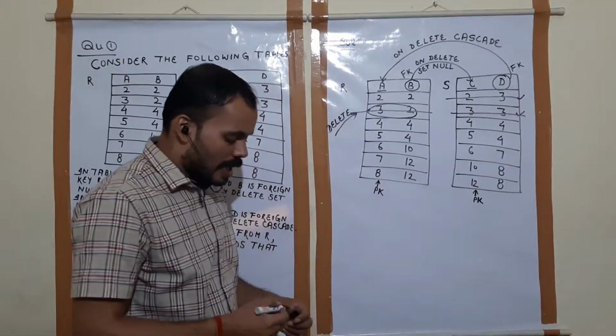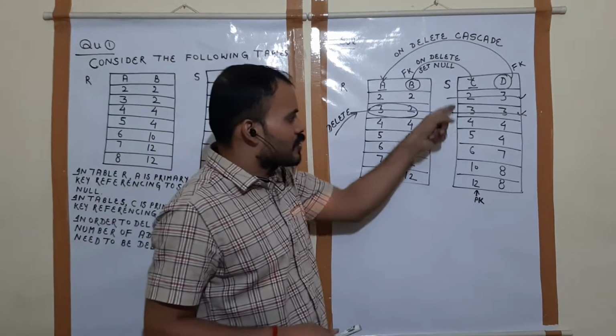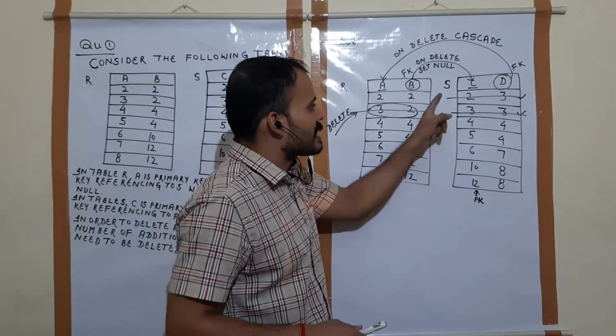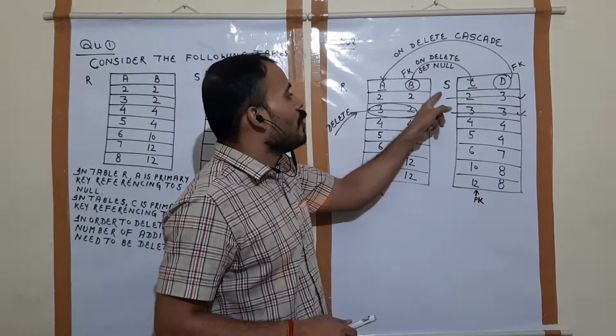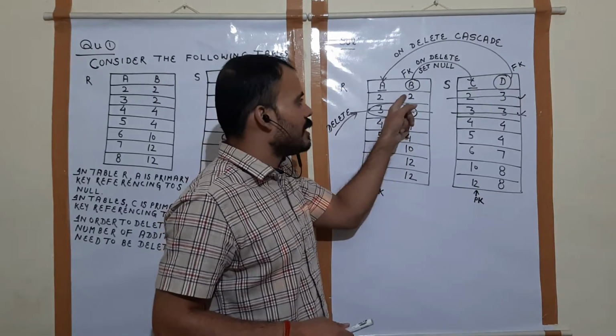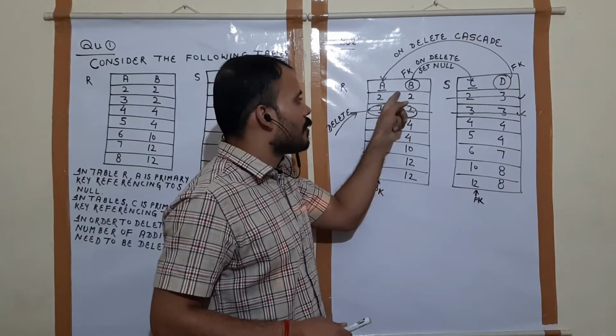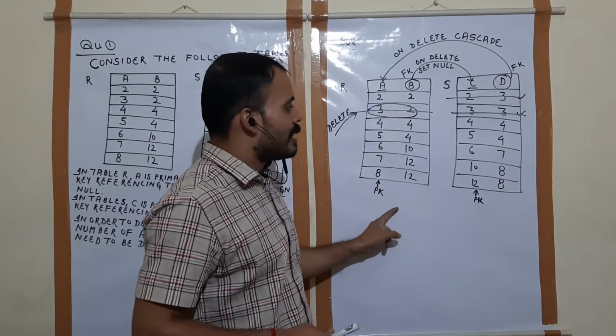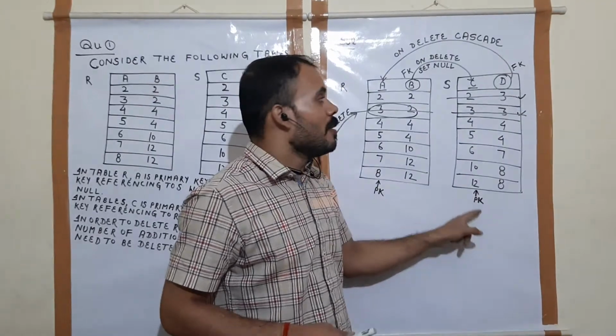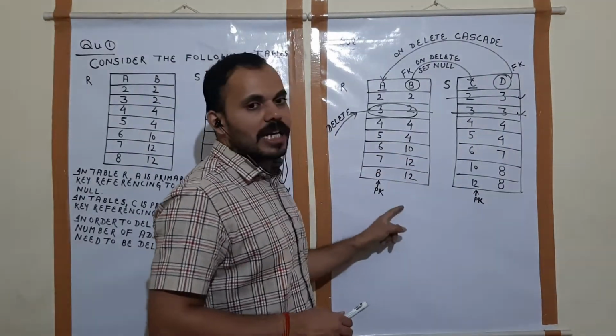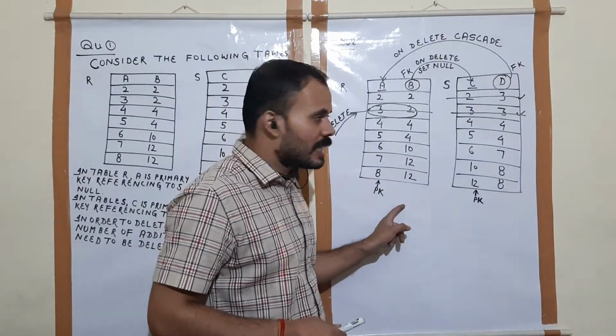Now see here, when I am deleting these two records from the relation, with respect to the foreign key B, the referencing relation is R and the referenced relation is S, because the relation which contains the foreign key is known as the referencing relation.